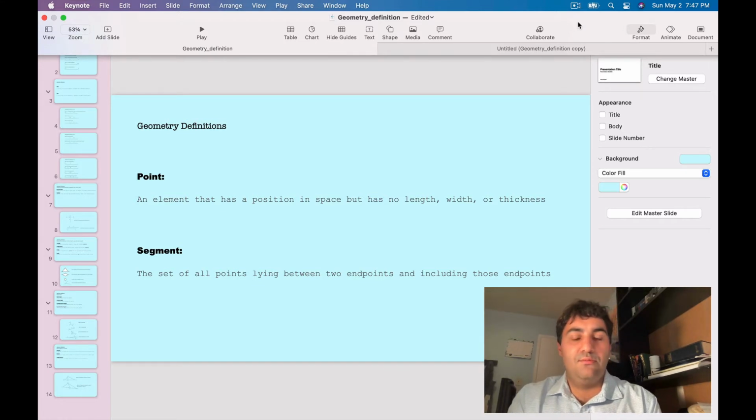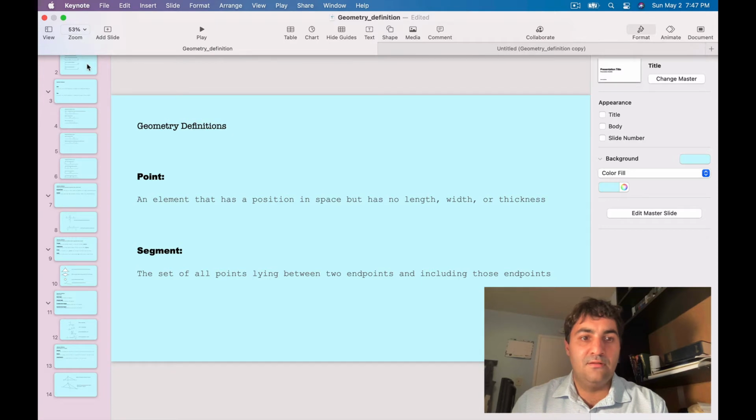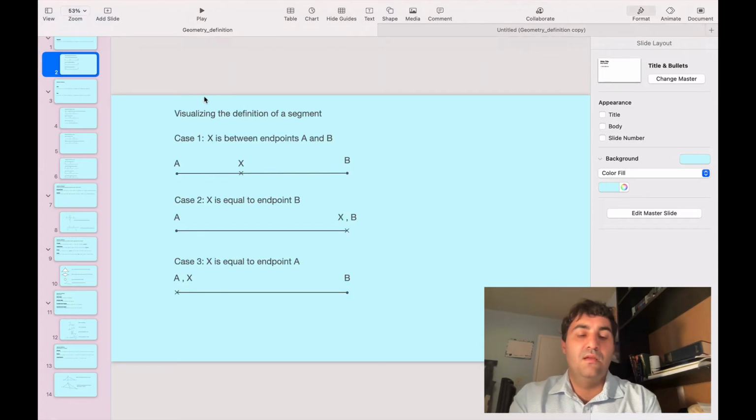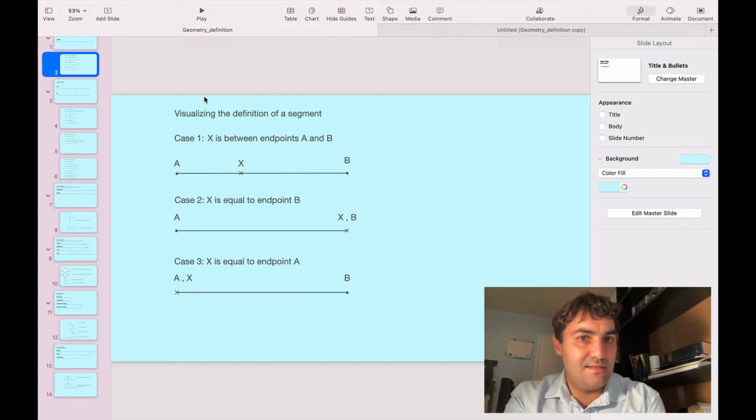For geometry, we're thinking of a segment as a set of points, so we need to think about it visually. So let's see what's going on here. We can construct a segment just knowing the fact that it's a set of different points.